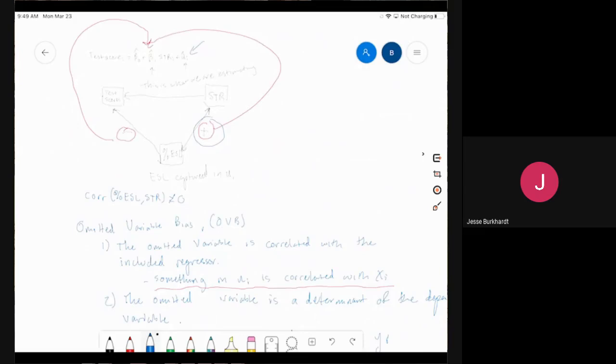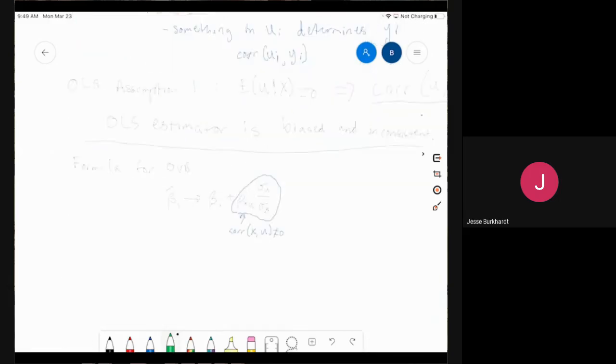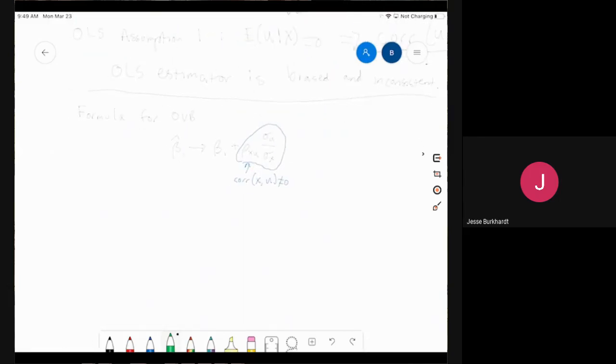We were thinking about whether the correlation between x and u is positive. Let's use green now. Is this correlation positive or negative? Now we can look at how negative and positive correlation affect our bias.